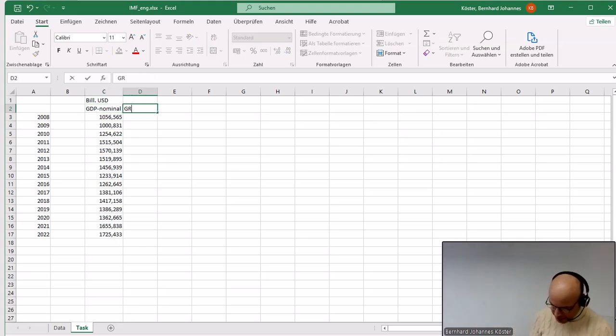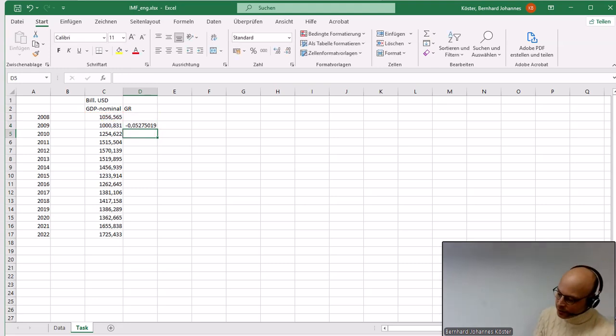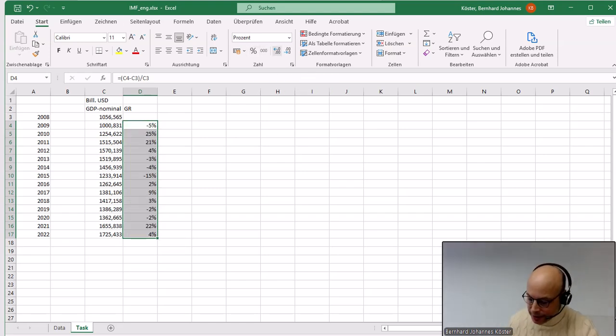So the growth rate would be 1,000 minus 1,056 divided by 1,056. This is the growth rate of the year 2009. This we have to do for every year. So I copy this downward, and since it is a little bit nicer, I choose the representation in percentage.